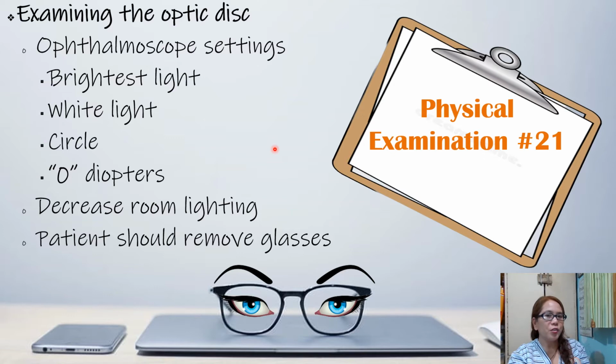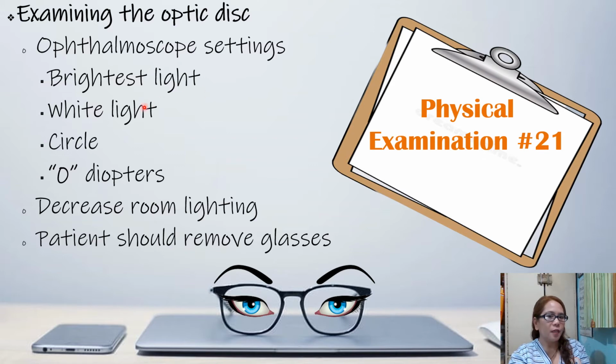So, in examining the optic disc, you need to adjust the setting of the ophthalmoscope. Initially, you have to use the brightest light to visualize the retina and the blood vessels inside the eyes.